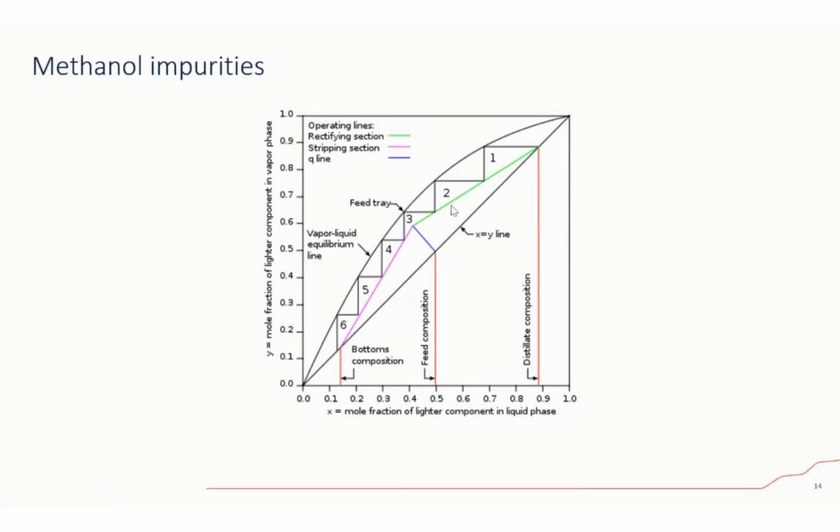recovery section, then what happens is that if you can change the slope of these operation lines, then it means you also change, with the same amount of trays, with the same amount of stages of separation, the amount of separation itself. So that's why when you need to cut deeper, you put more reflux.